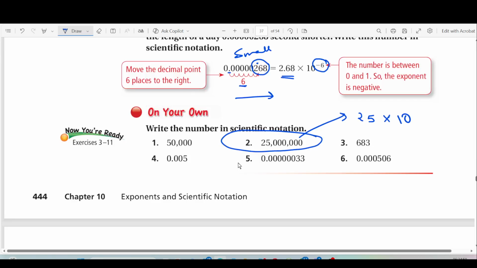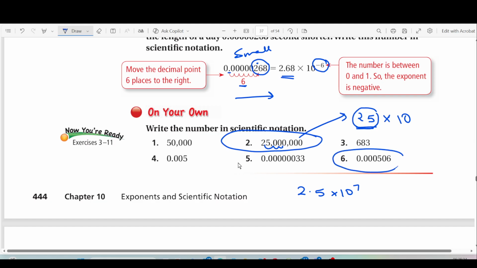But 25 is greater than 10. As I said, this number should be less than 10. Oh, 2.5. Yes, 2.5 times 10 to the power of 7. 7, because if you check, these are 7 steps. 1, 2, 3, 4, 6 this and 1 this, 7.